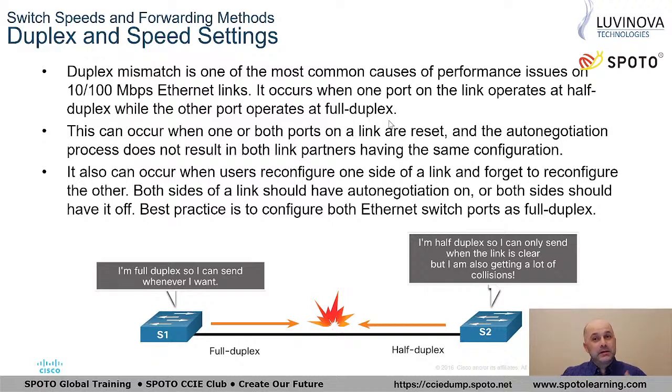And sometimes after resetting the sides, you should not rely on auto negotiation, because sometimes auto negotiation won't work. So best practice is to configure all Ethernet switch ports as full duplex, and your network card as full duplex, and it will avoid a mismatch.